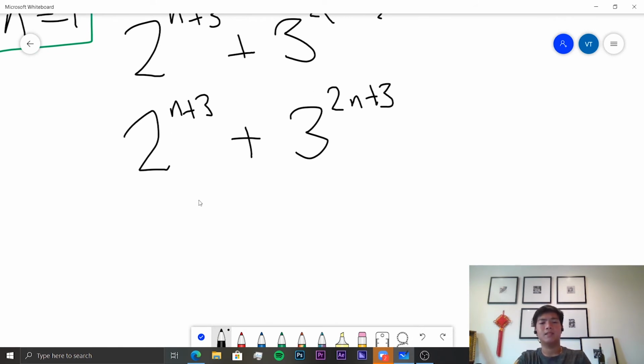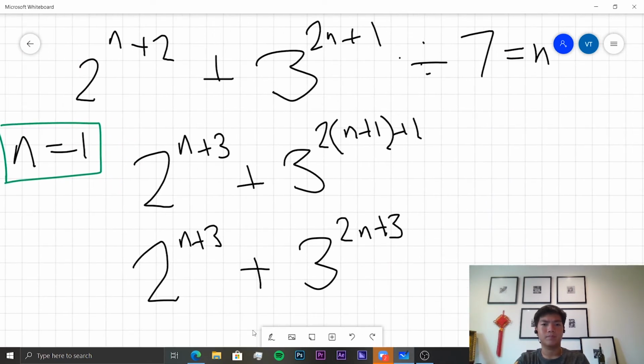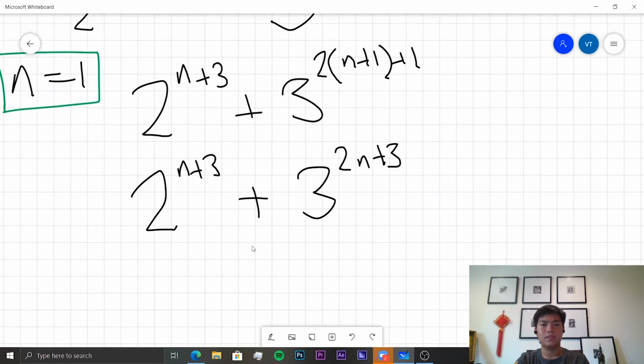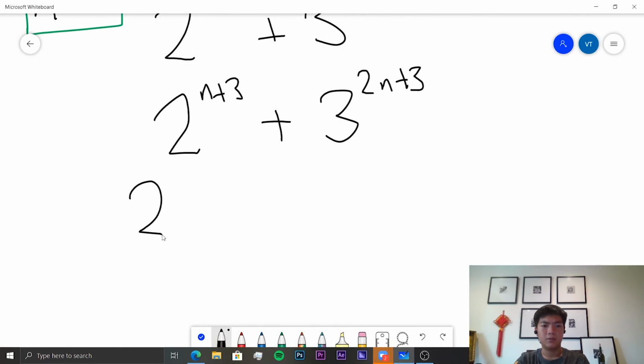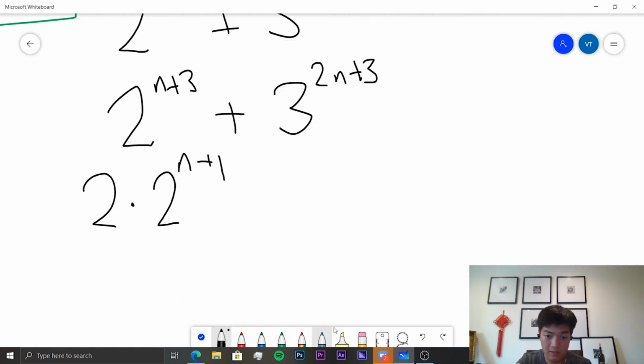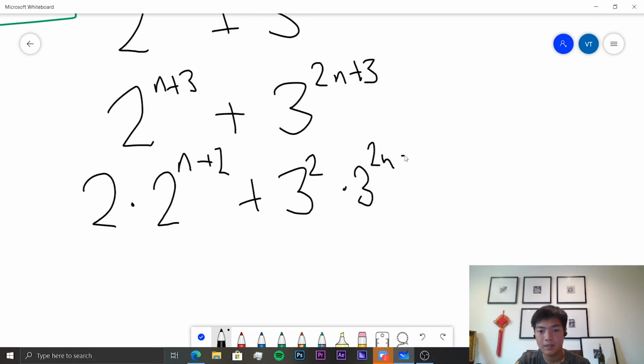what is this? So, this would be 2 times 2 to the n plus 2, plus 3 times 3 squared times 3 to the 2n plus 1.